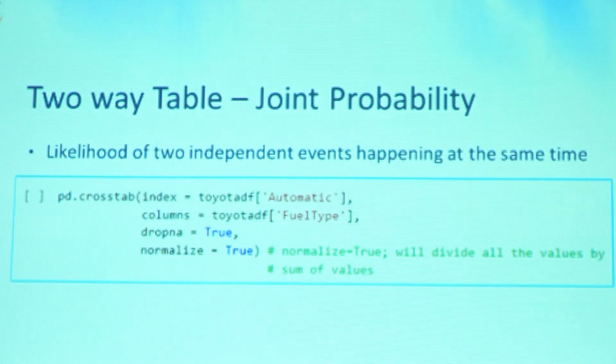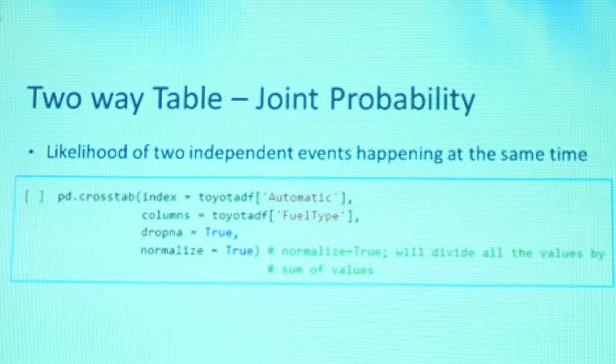What is the probability that the car can be automatic and a petrol model? Understood? So why are we studying joint probabilities? What's the probability that I can have a model with CNG which has run for so and so kilometers? So that's the reason why we are learning probabilities.